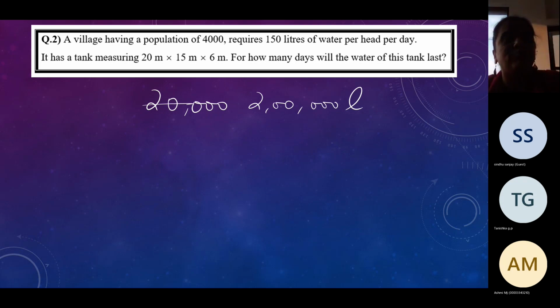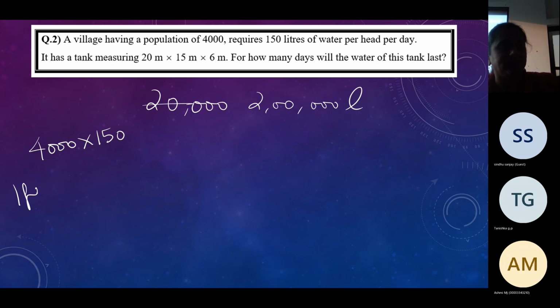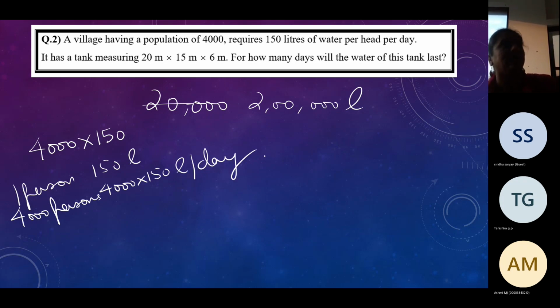Now, how much water is required per day for the village? 4,000 is the population into 150, because for one person, 150 liters. So for 4,000 people, it'll be 4,000 into 150 liters they need per day.